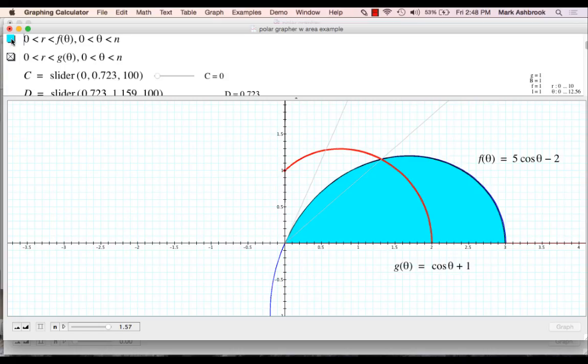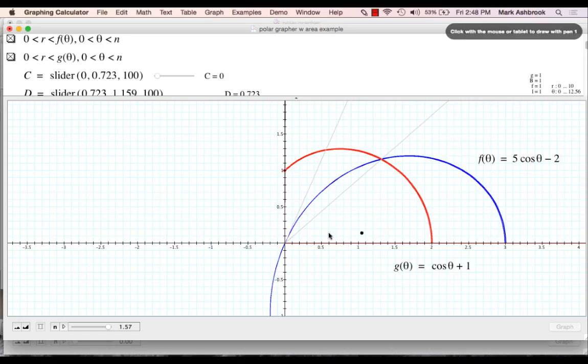I want this region with corners here, here, here, like that. I want that area.